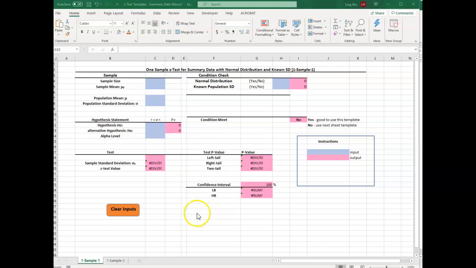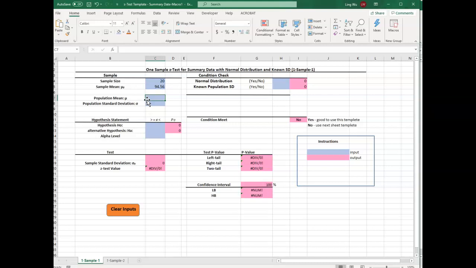Similar to the previous one, we have the blue cells, which require you to fill in those values, and then the output will come out. With this one, we know the sample size is 20. Sample mean is 94.56. And the population mean, same as in the previous proportion test, we don't have.